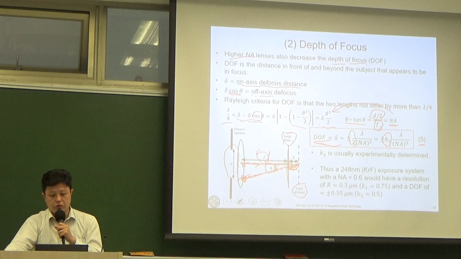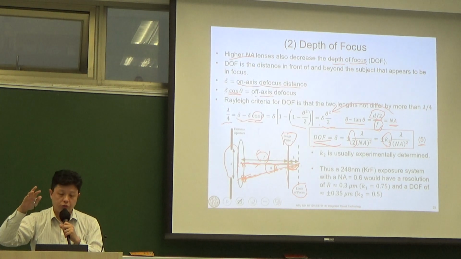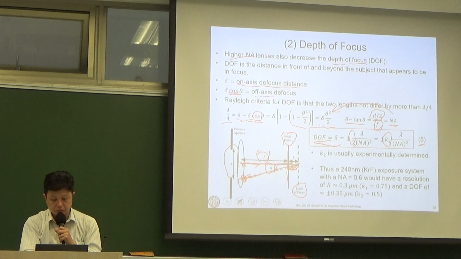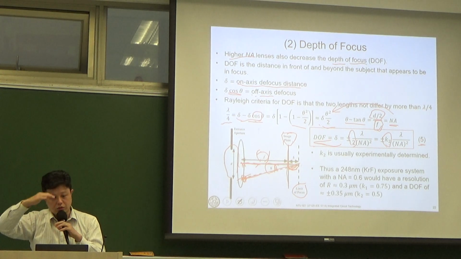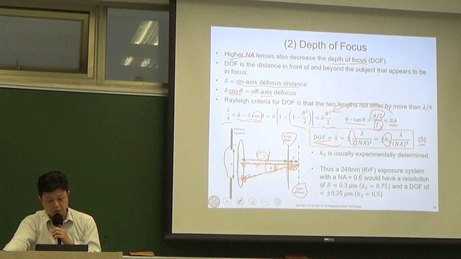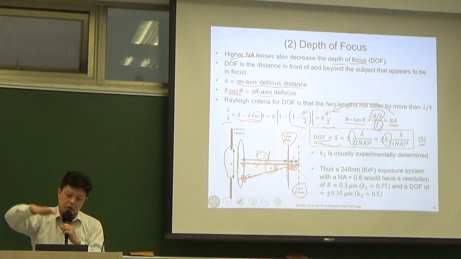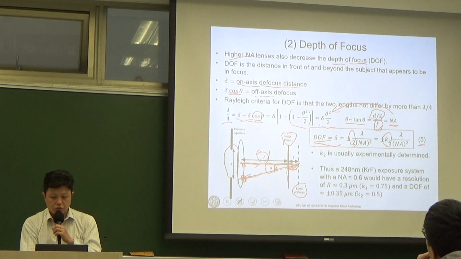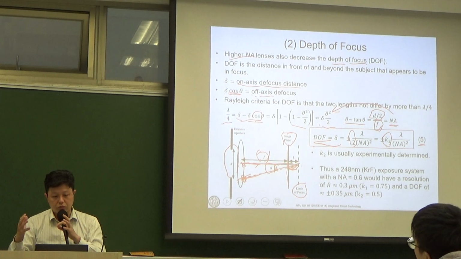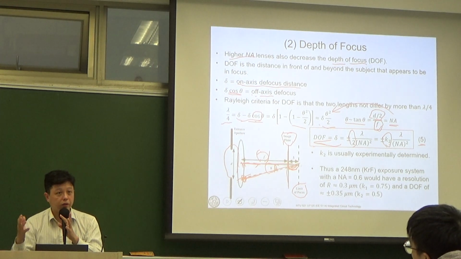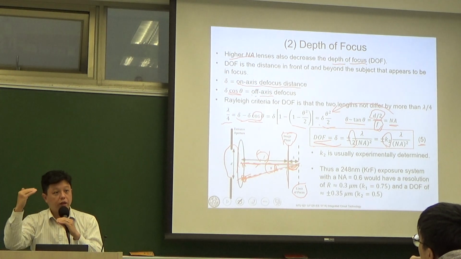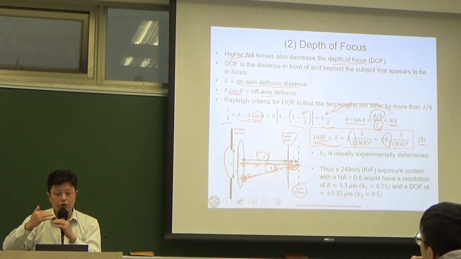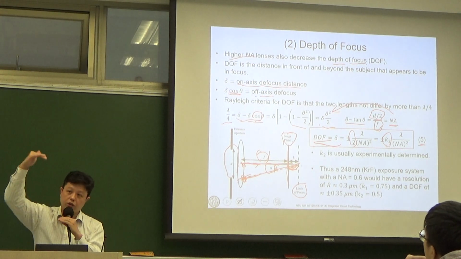So if you do the lithography and try to focus the light, there's a distance between your features from the bottom to the top. If we happen to make a pattern on those two levels, you want your light to be focused on the bottom and also on the top.